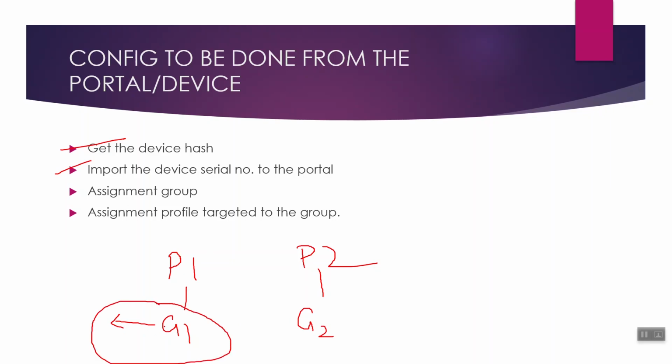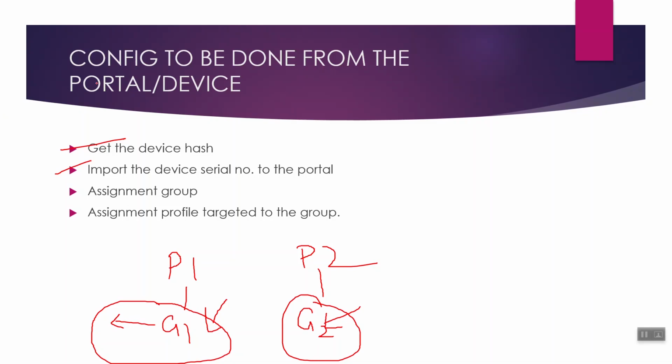Obviously if we are targeting all the Autopilot devices with profile 1, then profile 2 is of no use, right? So what we can do in this case is manually assign some devices to this group and manually assign some devices to that group, or make our dynamic query not with the ZTD ID but with any other parameter.